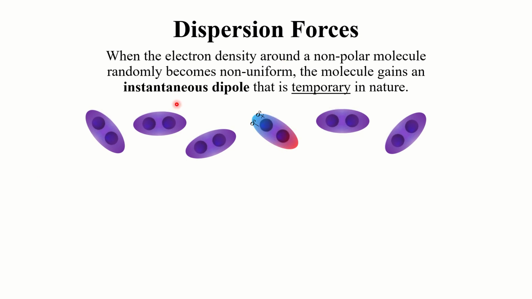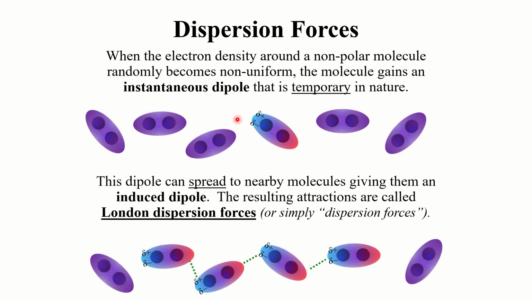Dispersion forces are these attractive forces. What's going on here? Well, when the electron density around a non-polar molecule randomly becomes non-uniform, the molecule gains what is called an instantaneous dipole that is temporary in nature. This dipole can then spread to nearby molecules, giving them an induced dipole.